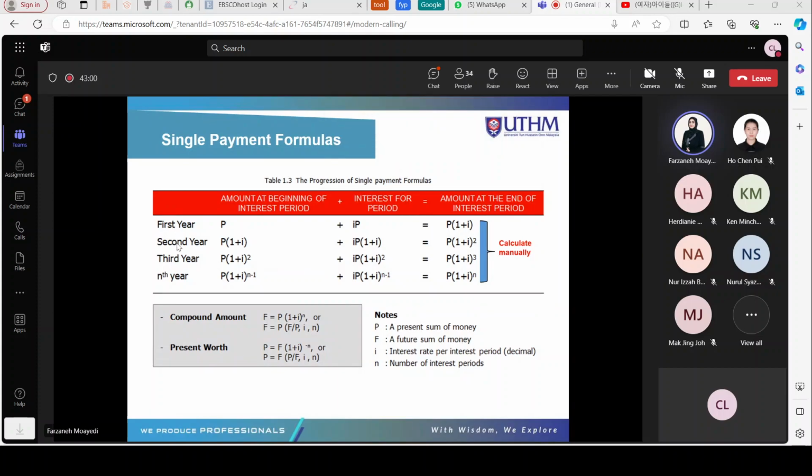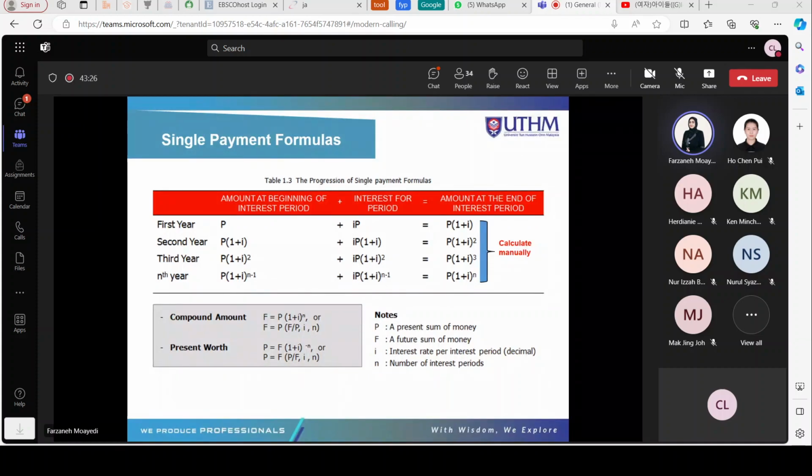This is year 1, year 2, year 3, the number of years that we have. If you still remember, this was based on the manual calculation. The amount that we start with is P, it could be any number. We call it the principal, if you still remember, hopefully.